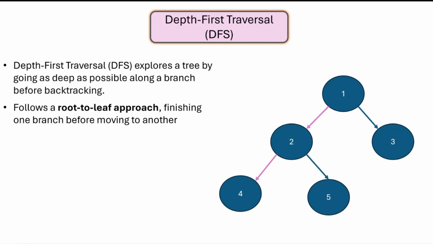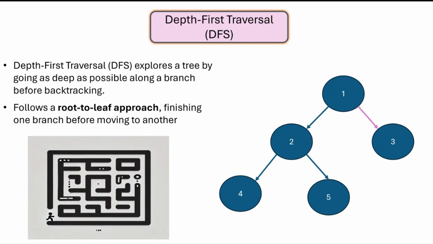Once that branch is visited, it backtracks and checks for the other branches. As we can see here, it is visiting each branch one by one, backtracking and checking for other branches to visit so that it can visit all the nodes of the tree. So this is called DFS, basically going as deep as possible by picking one branch and then exploring other branches.